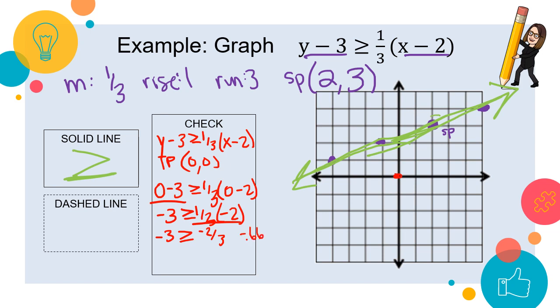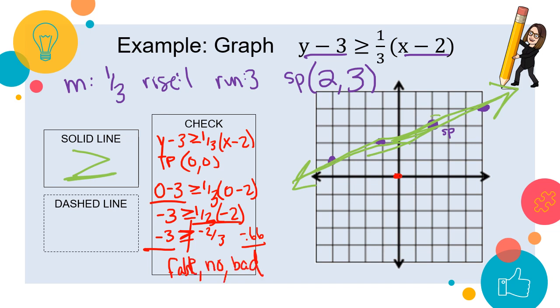That's fine for now. This is just side work here. Is negative 3 greater than negative 0.66? No, negative 3 is smaller. Like, I have less money if I'm in the hole $3. So this is false or no or bad, however you want to write it, okay?